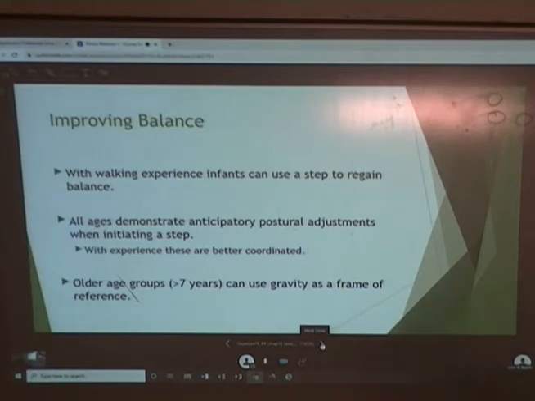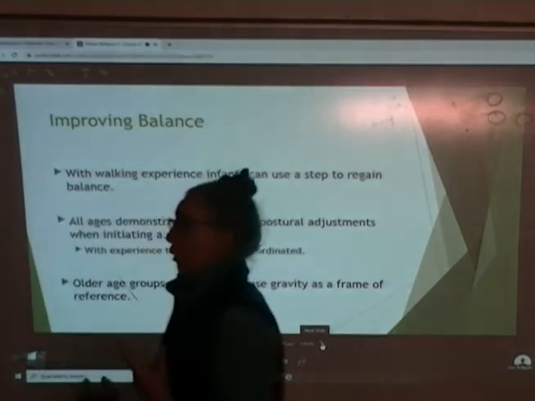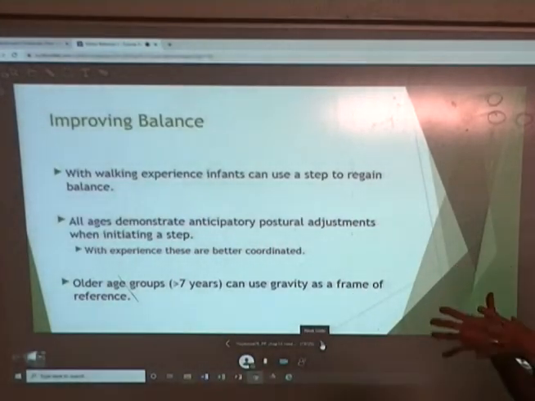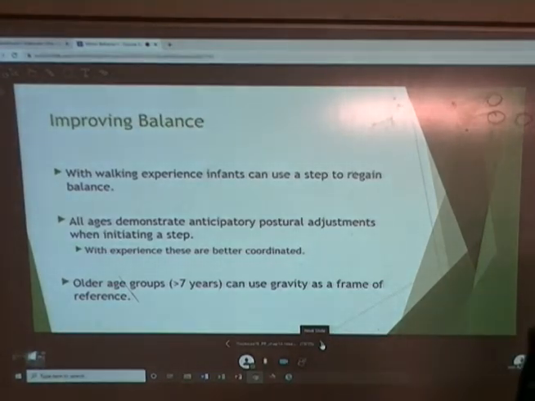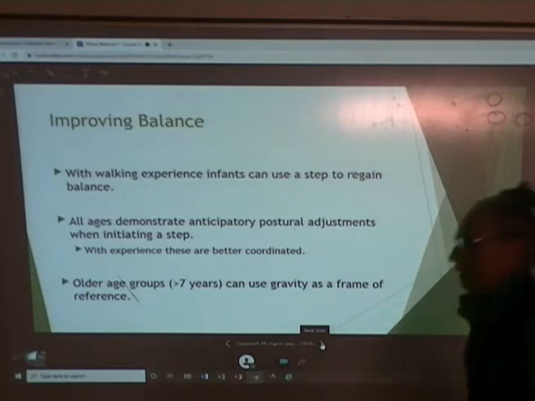So, what they see with infants, right? Start at when they start walking. A new walker is somewhere around 12 months old, and what they do is they perturb that new walker. If it's a brand new walker, when they perturb them, so they move the surface or they push them a little bit, they fall over.